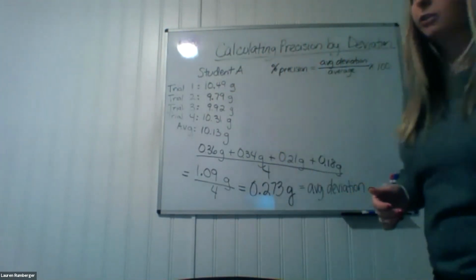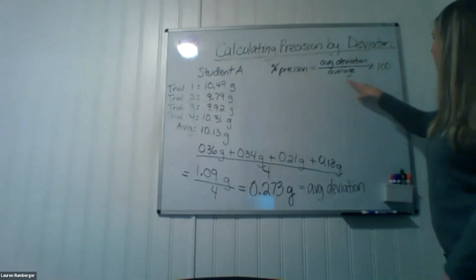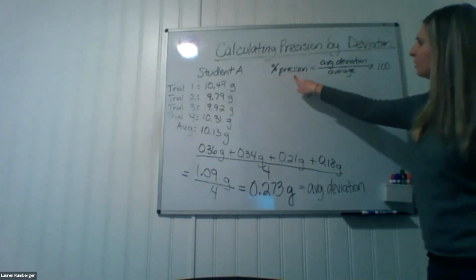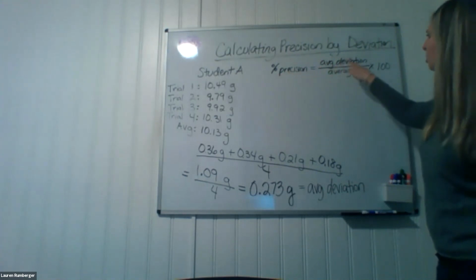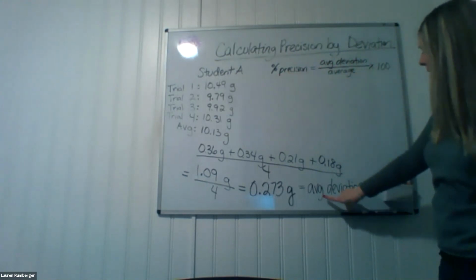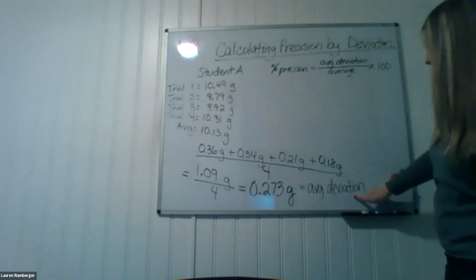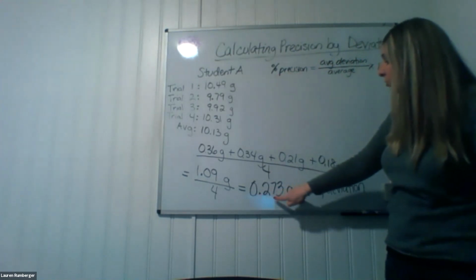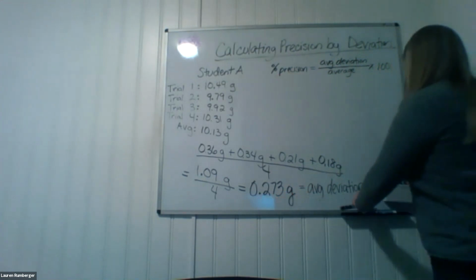So now we're going to reach the final step, which is applying this formula. Percent precision is equal to your average deviation divided by the average times 100. So now we just determined the average deviation is 0.273 grams.